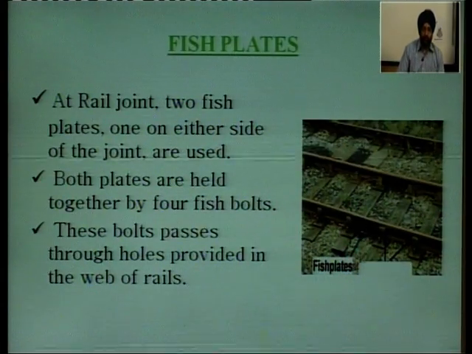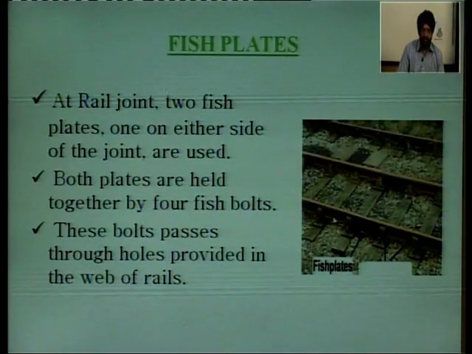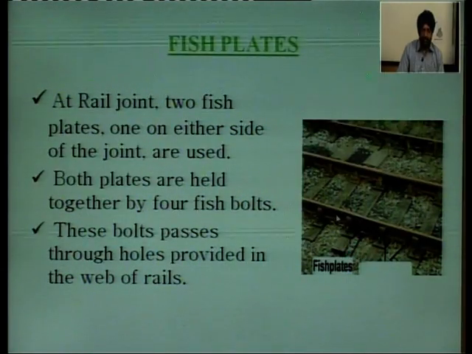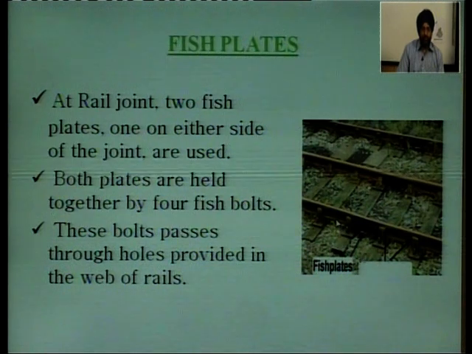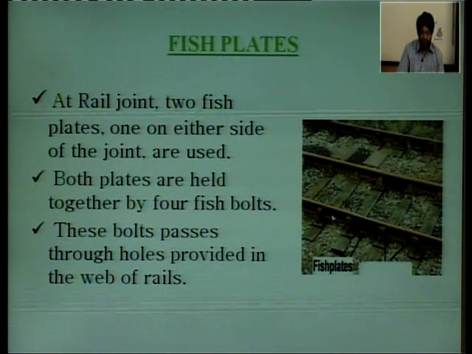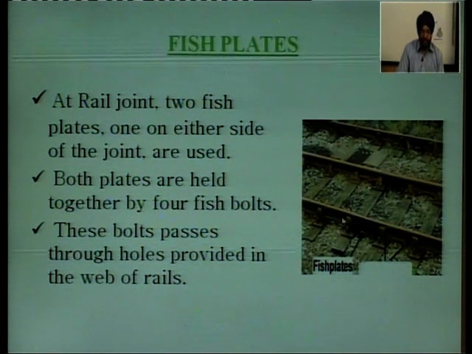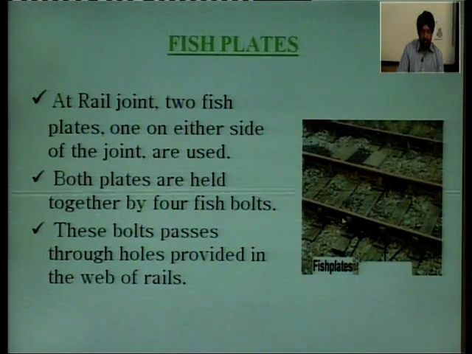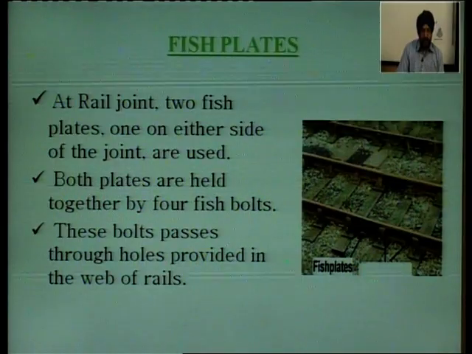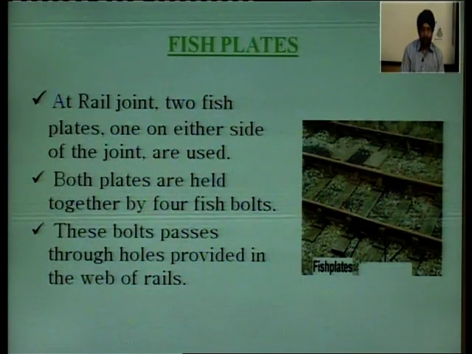We all know which is the web part. This part is the web, with the head, web and the foot. So, the bolts are passing through this web part having 32 mm holes, and we are using fish plates in pairs.